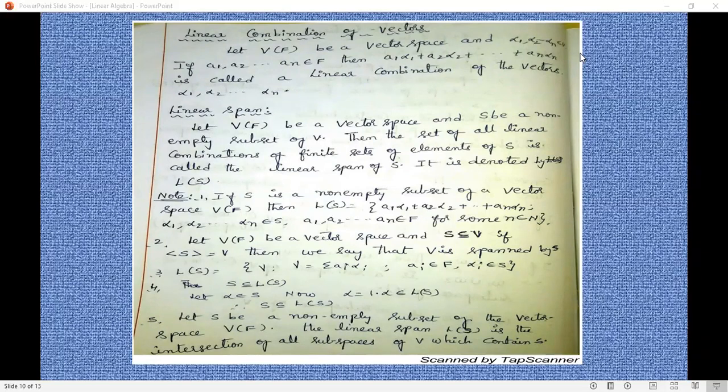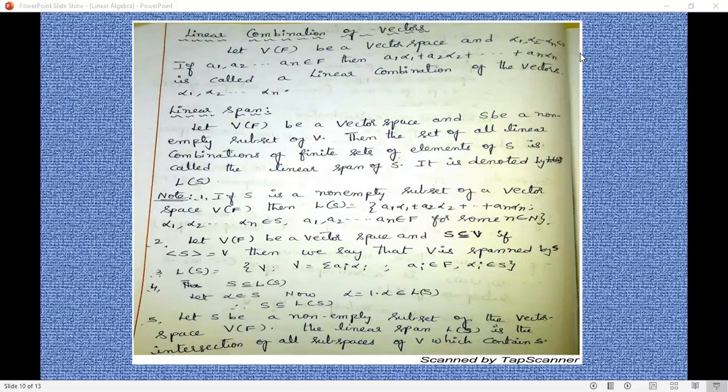We take B1 alpha 1, B2 alpha 2, so on Bn alpha n, or B1 beta 1, B2 beta 2, so on Bn beta n, with scalars B1, B2, so on Bn and vectors beta 1, beta 2, so on beta n in V. This is called a linear span of S. It is denoted by L of S. Listen carefully: let V of F be a vector space and S be a non-empty subset of V. Then all linear combinations of finite sets.